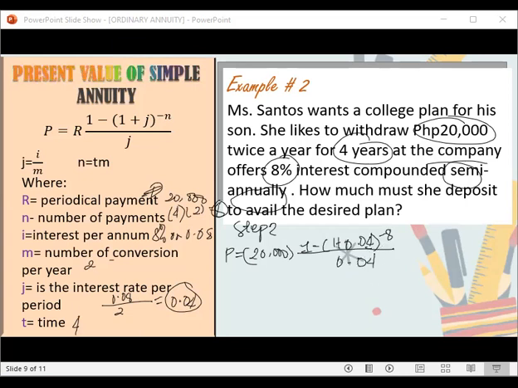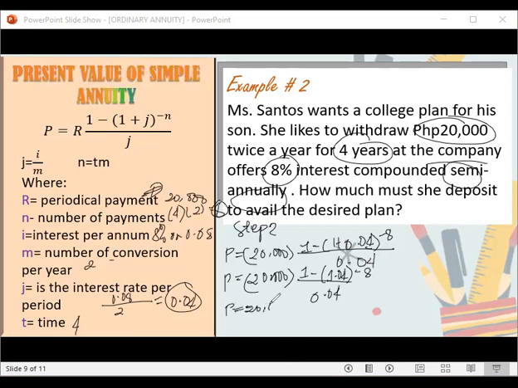So, ayan po. So, same process. Unahin ninyo na sa loob ng parenthesis. So, 20,000. So, 1 plus 0.04 is 1.04. Raised to negative 8 over 0.04.